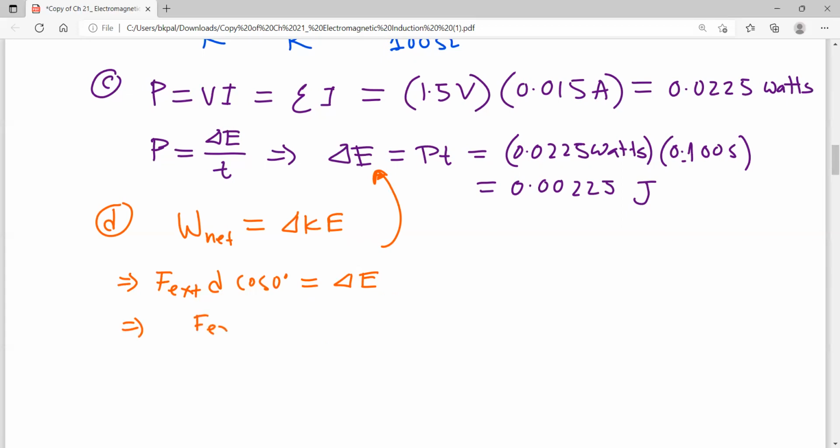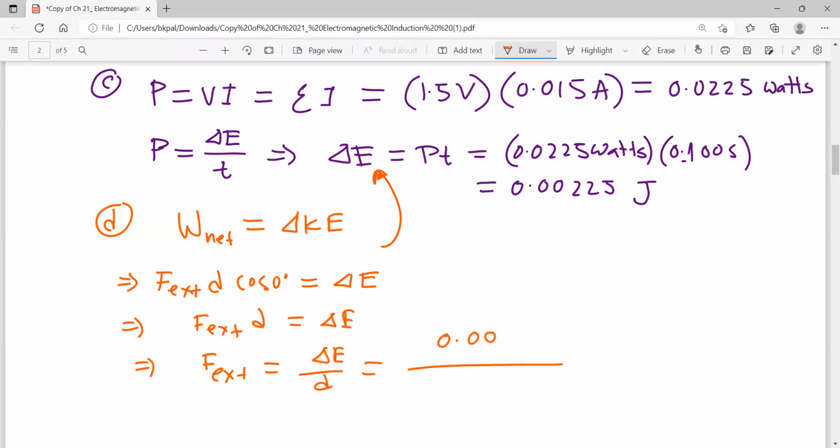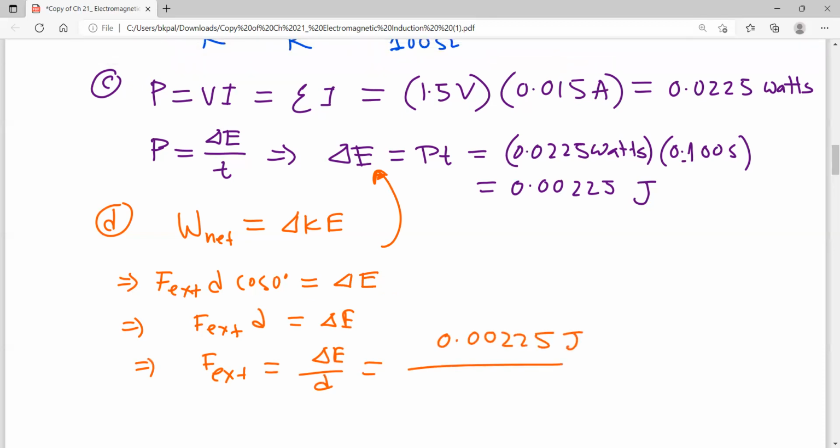So F external times D equals delta E. We have to calculate F external, and that is equal to delta E over D. Now what is delta E? Delta E is this. And what is D? D is basically 5 times 10 to the power minus 2 meter.